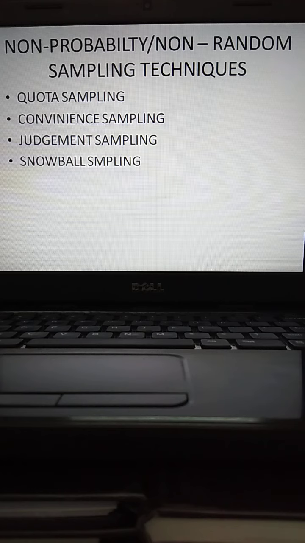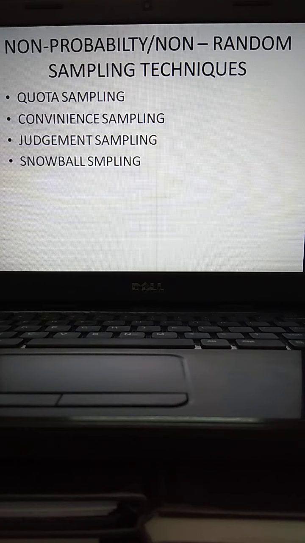The next one is convenience sampling. Under convenience sampling, the sampling units will be selected at the convenience of the availability of the information. The next one is the judgment sampling method.